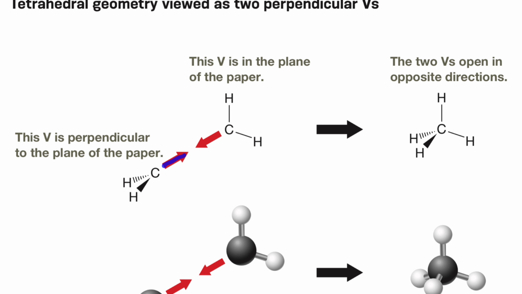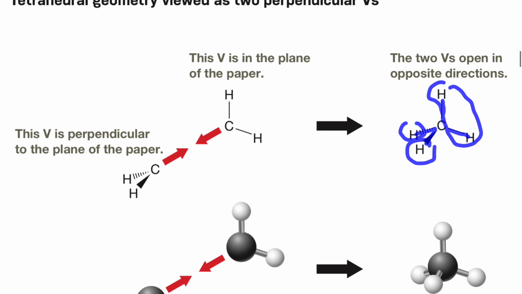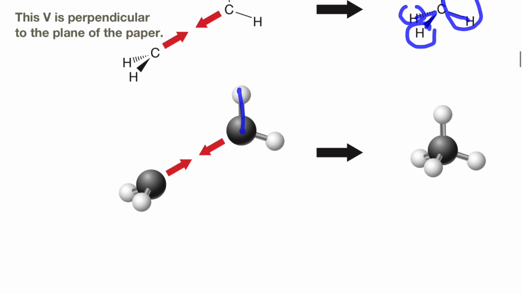And you connect these two V's like this. As a result, you will get this. These two are in the plane of the paper, this is above the plane of the paper and this is below the plane of the paper. You get the wedge-dash formula where 4 groups are indicated like this.